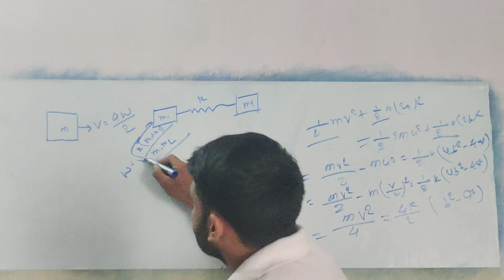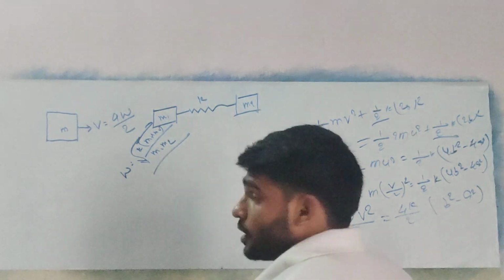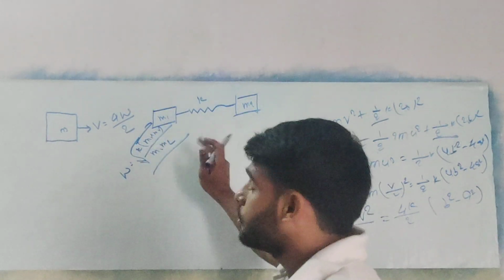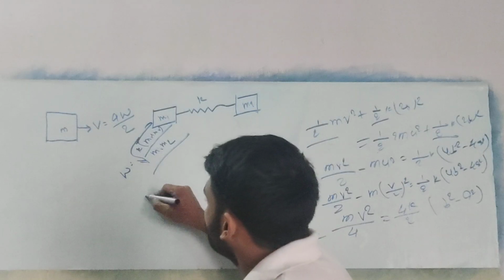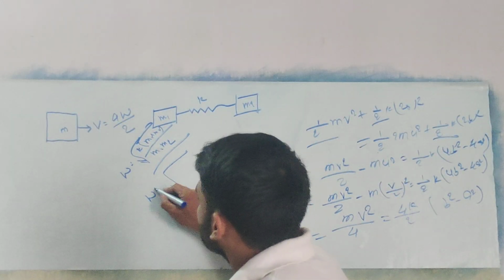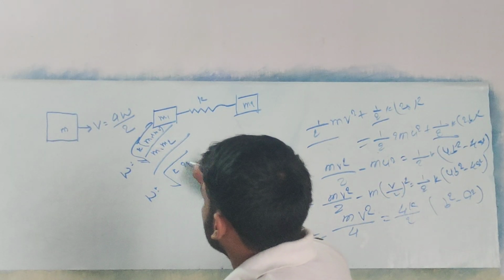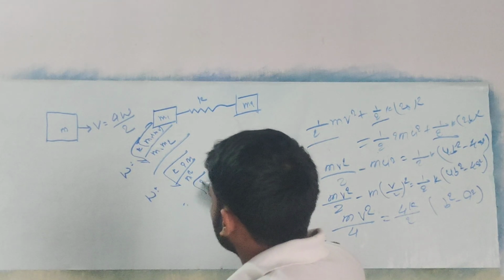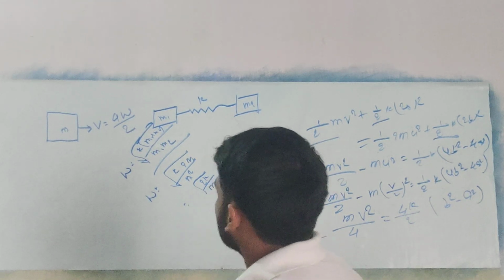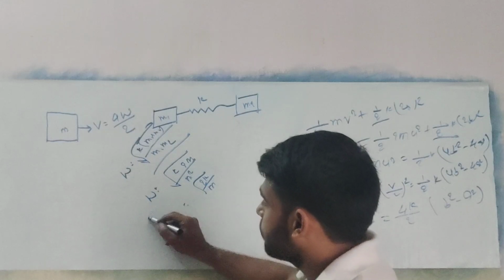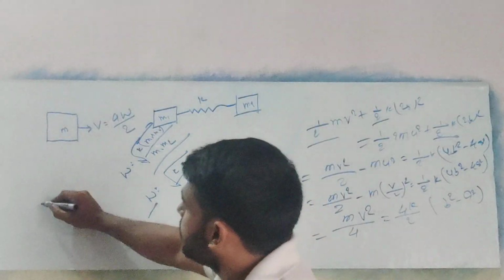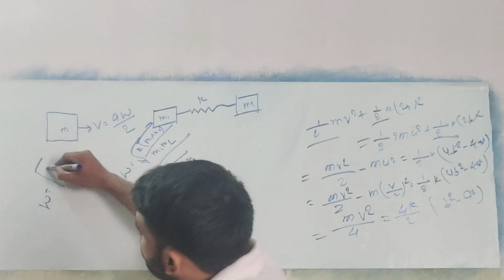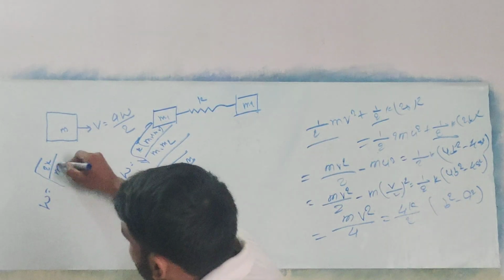This is the frequency of oscillation of this system, but in our case m1 and m2 were equal, so if we put that value, it comes out to be k times 2m by m square, that means 2k by m. So the value of omega square is 2k by m. Let's write it here, 2k by m.